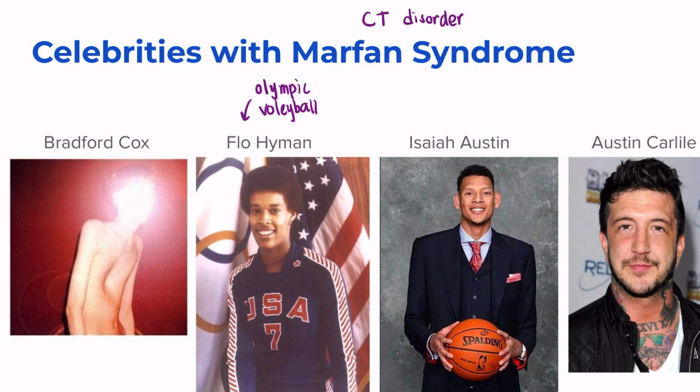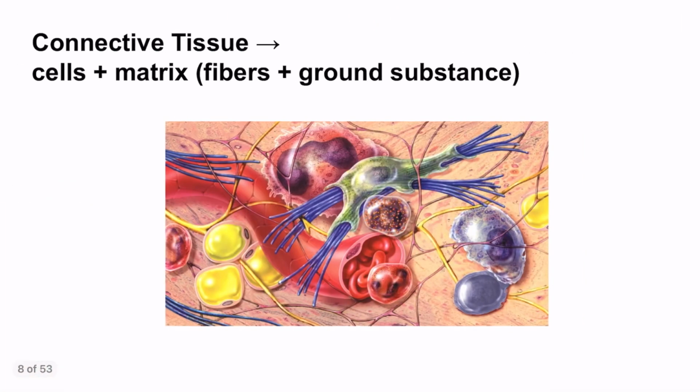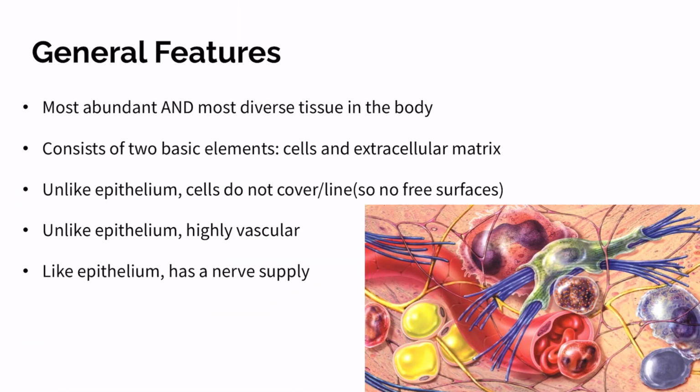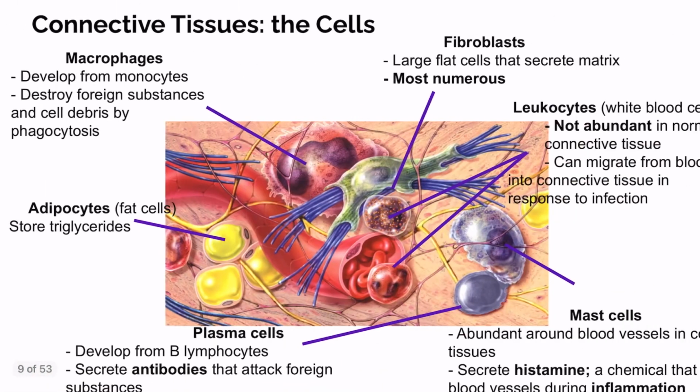Bradford Cox, he's in a band called Deerhunter, and another band I can't remember. But this is his chest, this concave chest is very representative of individuals with Marfan syndrome. So I'm passing through these because that other video covered it.